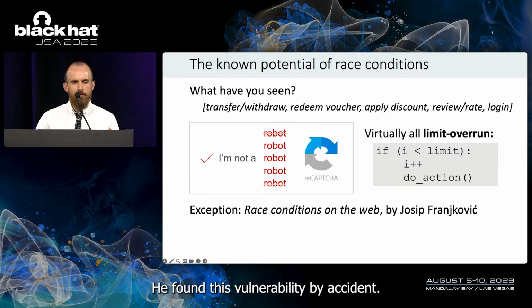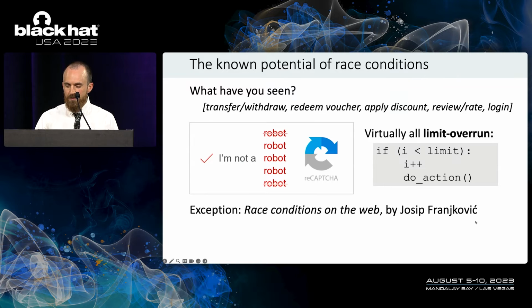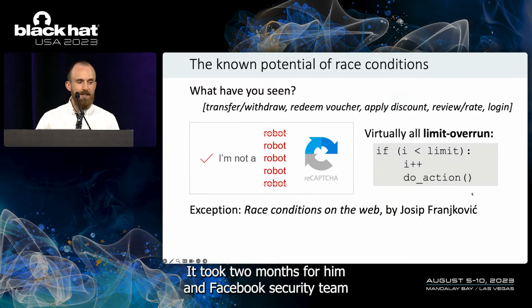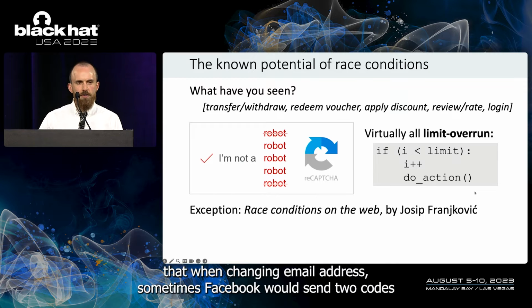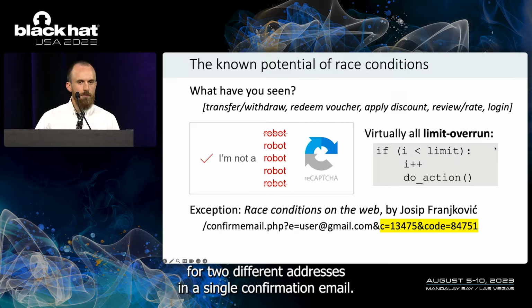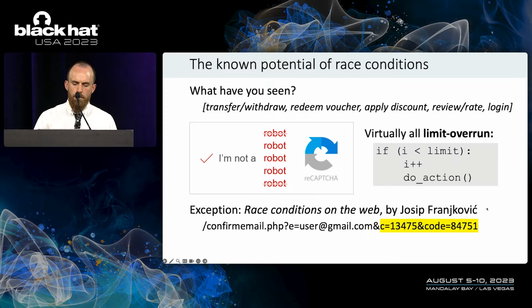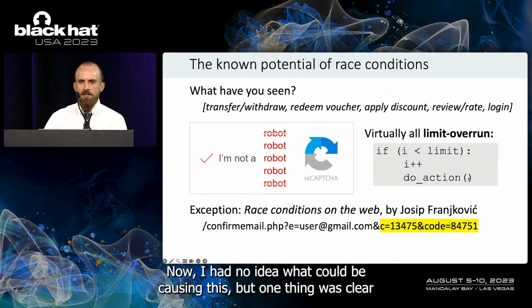He found this vulnerability by accident. It took 2 months for him and Facebook's security team to figure out how to replicate it. And the symptom was that when changing email address, sometimes Facebook would send 2 codes for 2 different addresses in a single confirmation email. Now, I had no idea what could be causing this, but one thing was clear.